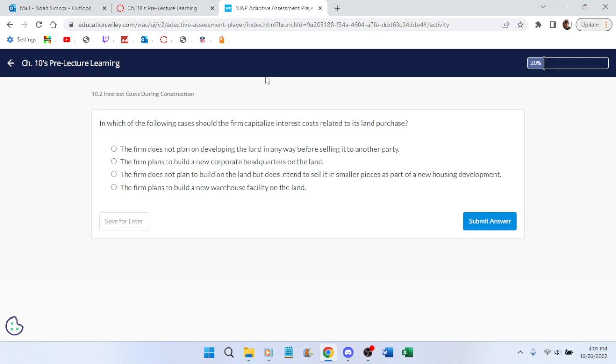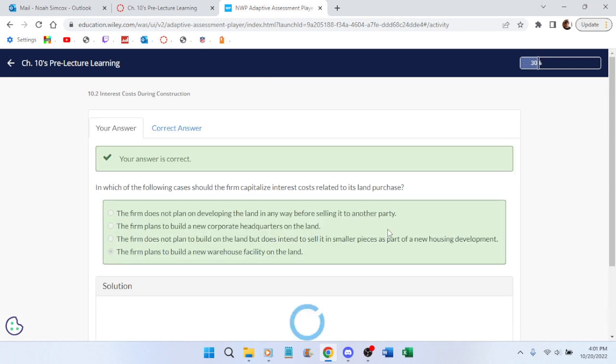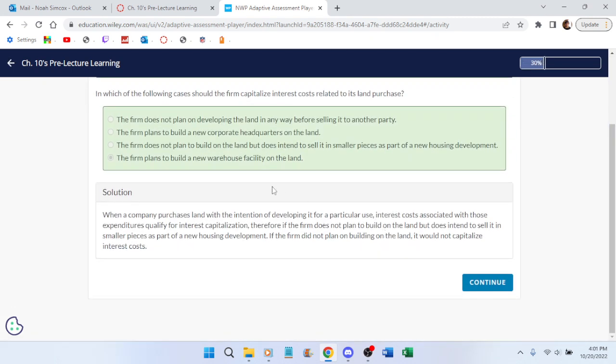I don't get this. When a company purchases land with the intention of developing it for a particular use, interest costs associated with those expenditures qualify for interest capitalization.